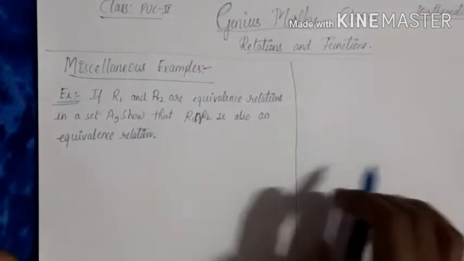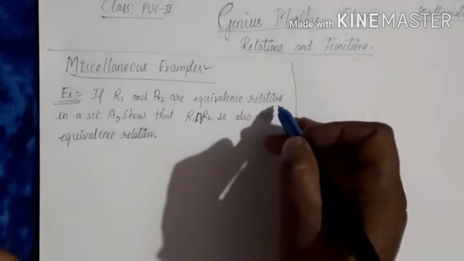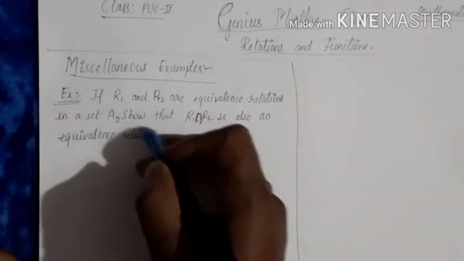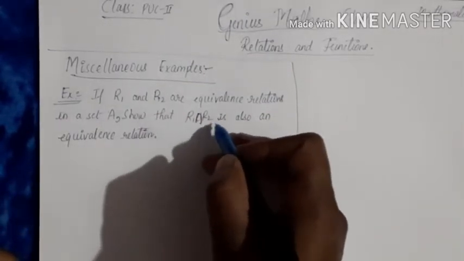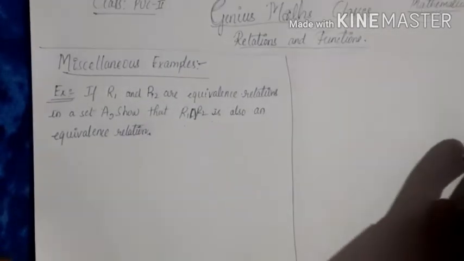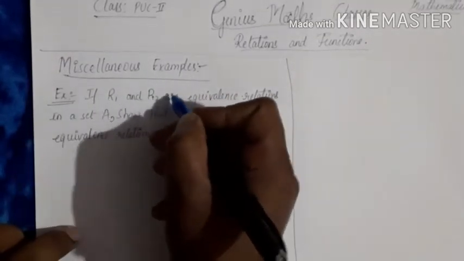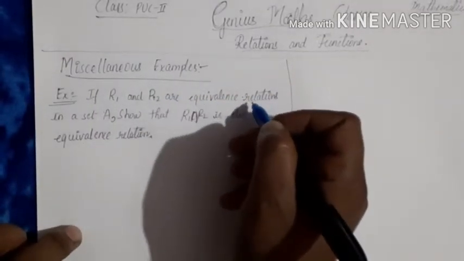Okay. The first example is: if R1 and R2 are equivalence relations in a set A, show that R1 intersection R2 is also an equivalence relation. Okay, so this is our question. What I have given, R1 and R2 are equivalence relations. We know the equivalence relation definition.